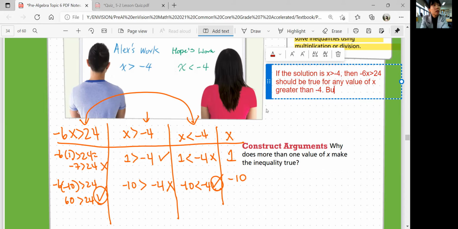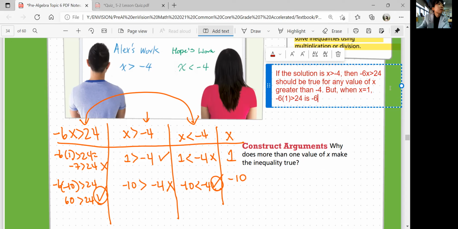But when x is 1, -6 times 1 greater than 24 is -6. Wait, yeah, -6.